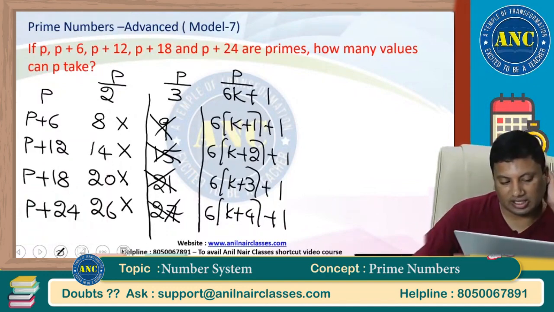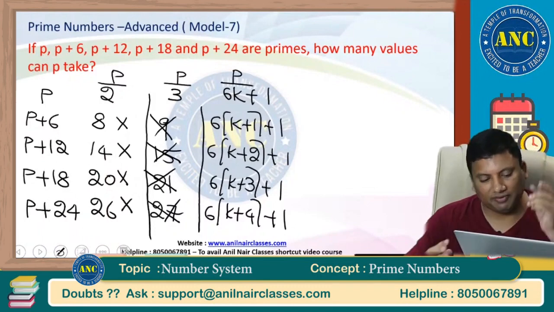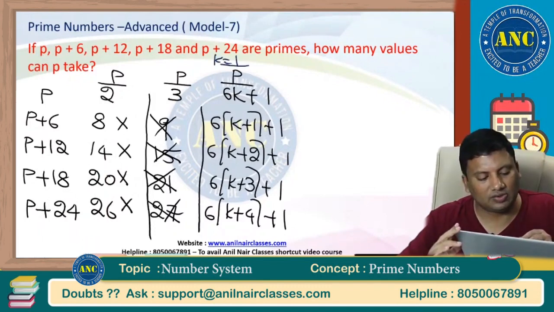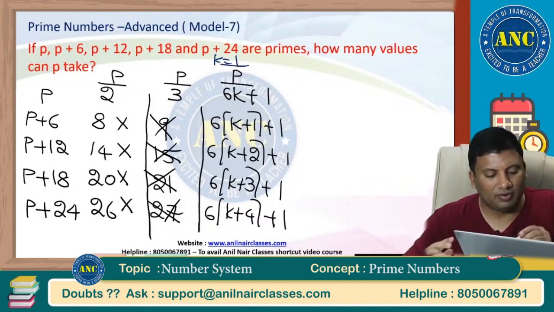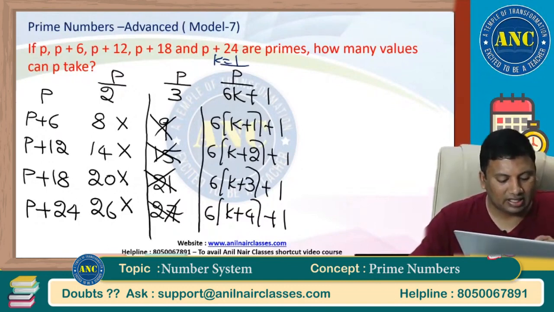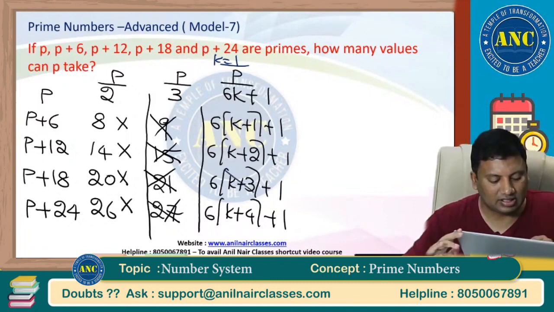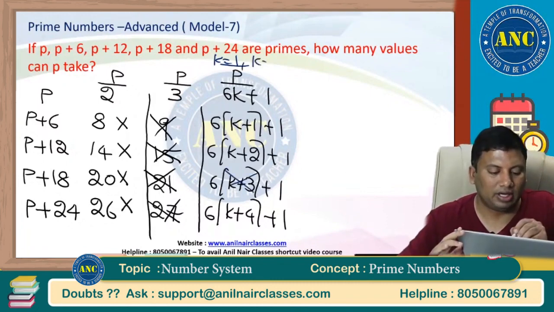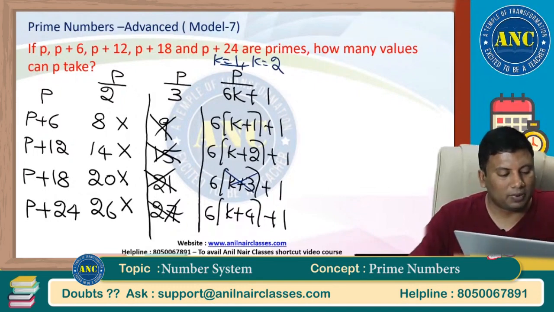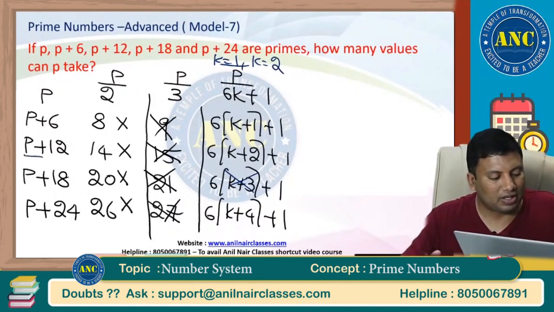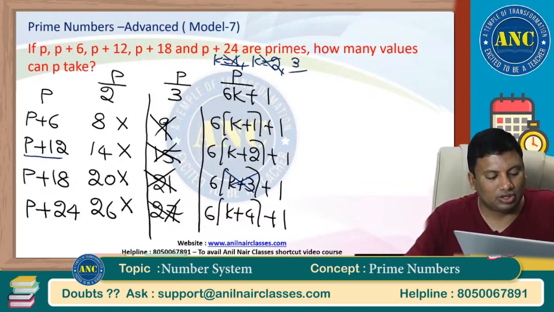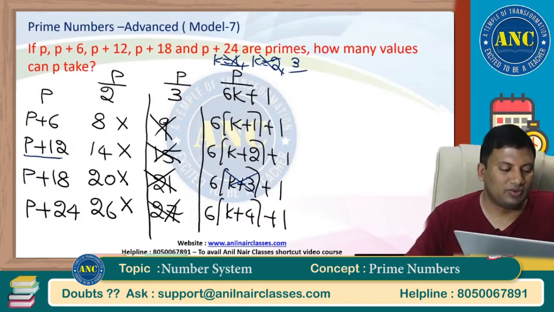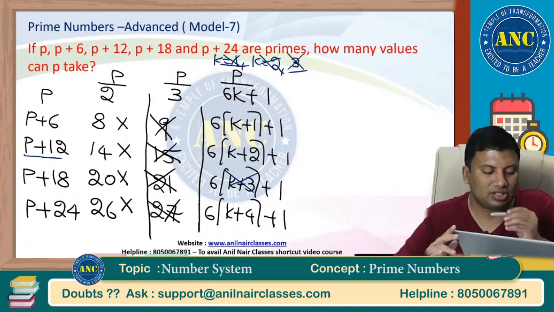6k plus 1. Suppose I put k value 1, then P will become 7. 7 plus 18 is 25. This case is not possible. If I put k equal to 2, 12 plus 1 is 13. 13 plus 12 is 25. This case is not possible. If I put k equal to 3, 6 into 3 is 18. 18 plus 1 is 19. 19 plus 6 is 25.